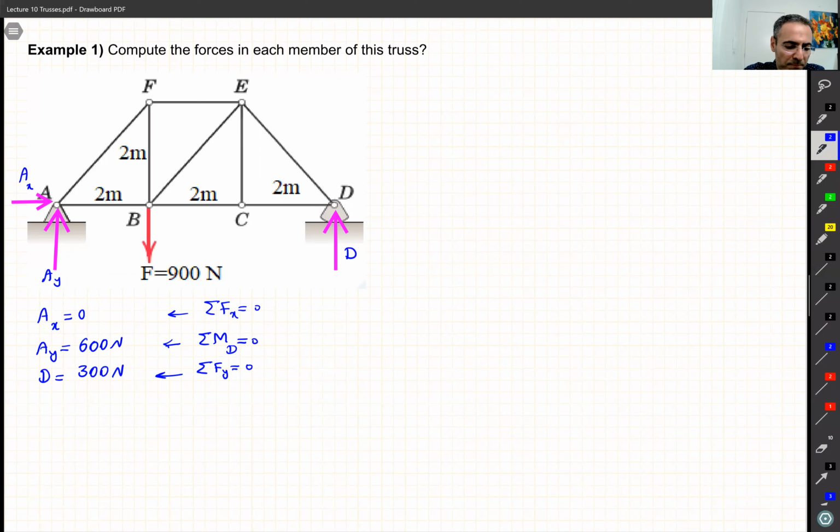The second step is to just look at each joint, but wait, before that, we need to find out if there is any zero force member. Tell me, is there any zero force member? Remember the 3 conditions? See if you can find any.